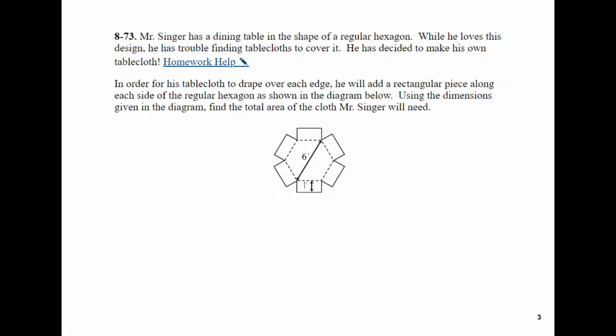So looking at my diagram, the first thing that comes to mind is I can divide this up and put both of these sides as 3 because the radius of my hexagon would be the same.